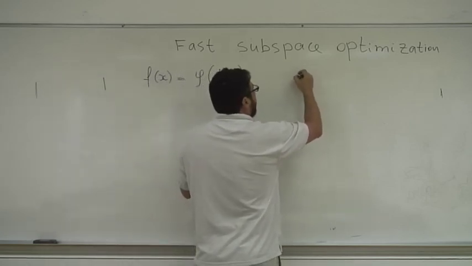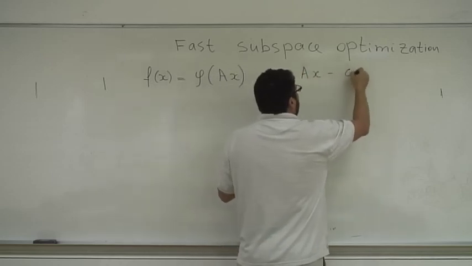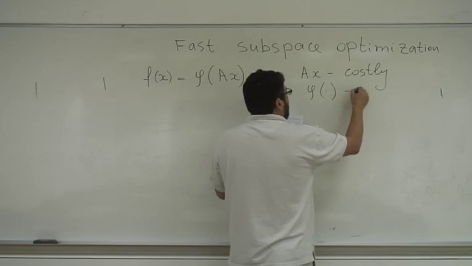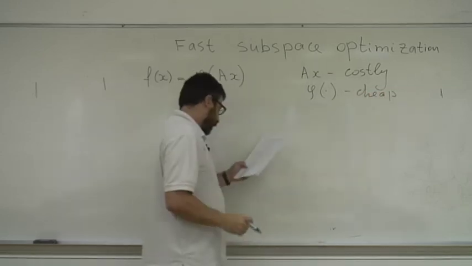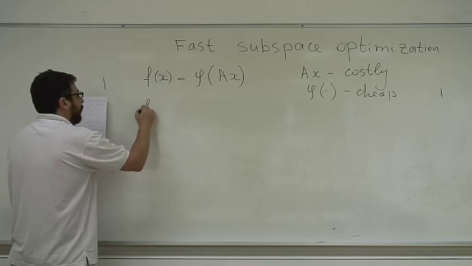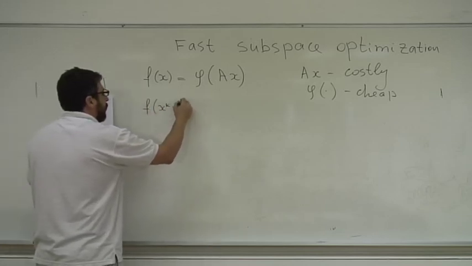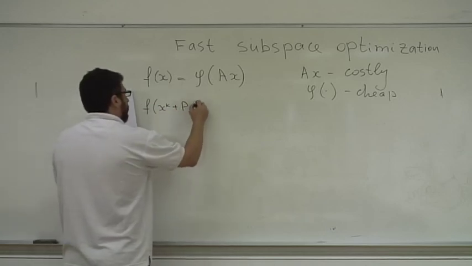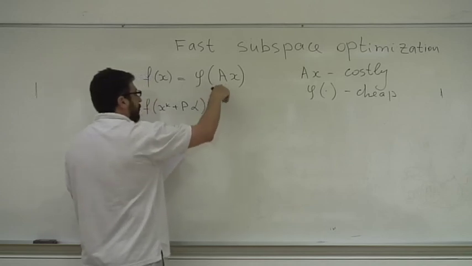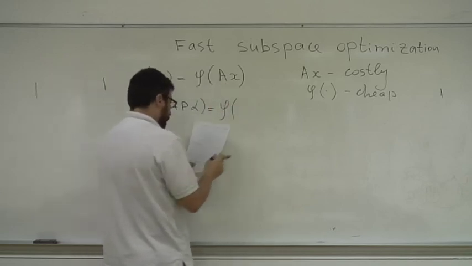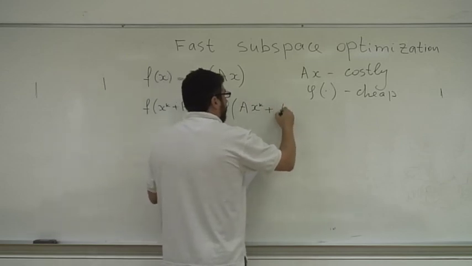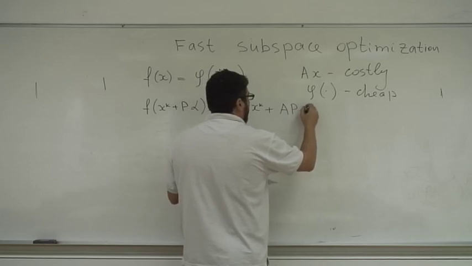And most of the computation in phi of Ax is in this multiplication. And what I'm going to show is that in subspace optimization, you really don't need additional multiplications by A. So I'll write it formally: Ax is costly to compute, and phi is cheap. So in subspace optimization, I need to compute the function of xk plus P multiplied by alpha, which is, I just substitute, phi of Axk plus AP multiplied by alpha.